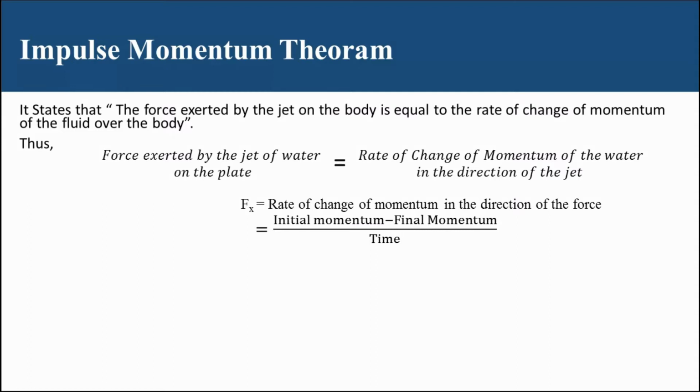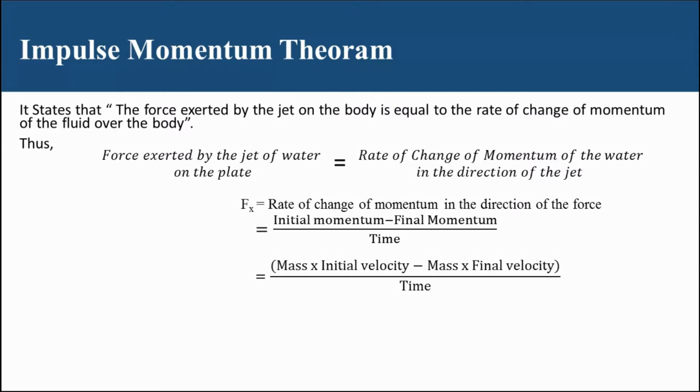Initial momentum is the product of the mass of the jet and its initial velocity, minus the mass of the water flowing through the jet and its final velocity. This difference is the change in momentum taking place per unit time.